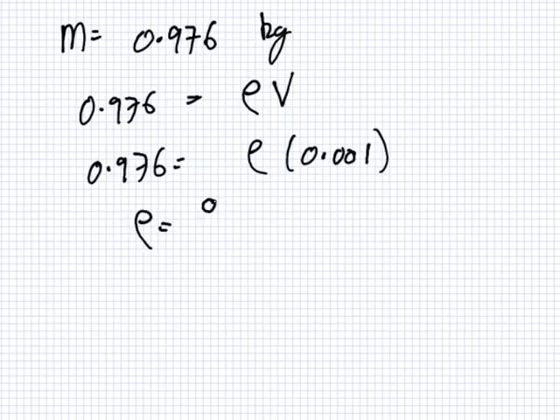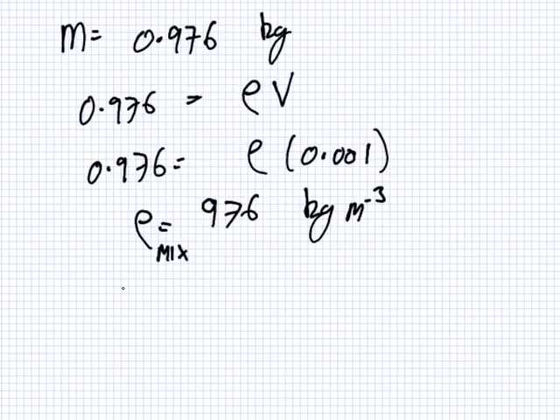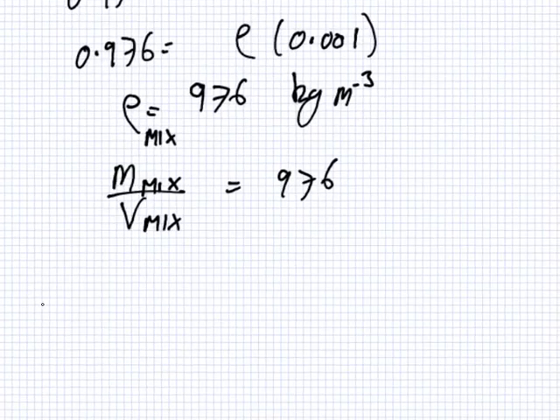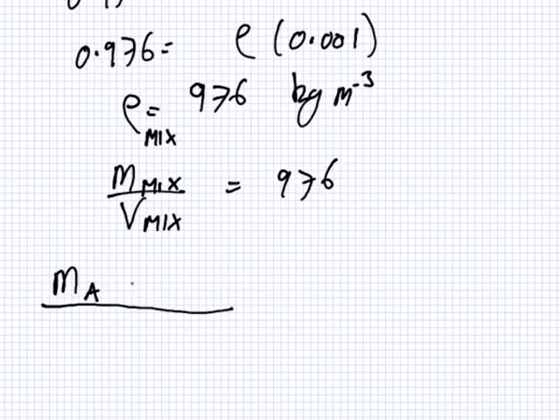However, what I'm going to do now is just separate this into the alcohol and non-alcohol part. So the mass would be the mass of the alcohol plus the mass of the water over the volume of the alcohol plus the volume of the water. That should equal 976. We should use the formula density is mass over volume, so volume is mass over density because we're looking for the... What are we actually?